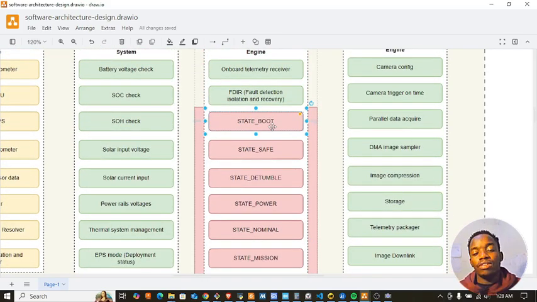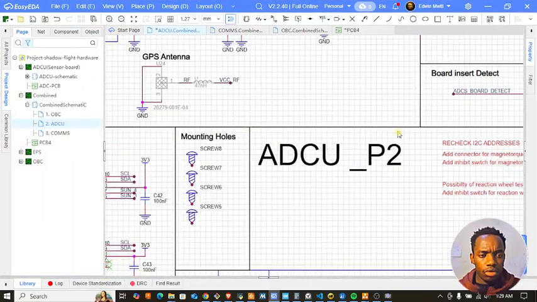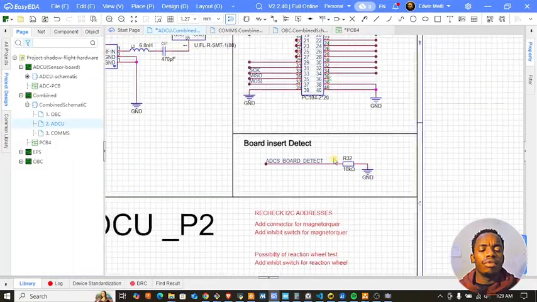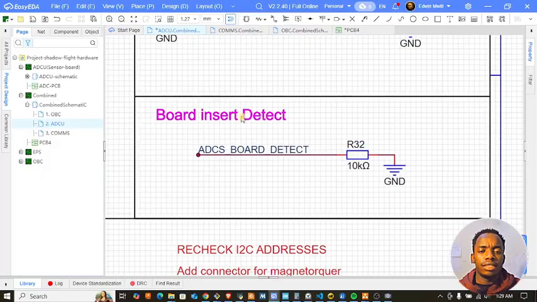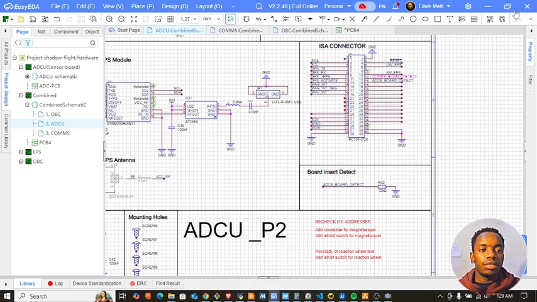Now, booting obviously is starting the system initialization, checking whether everything is where it's supposed to be, if all the boards are inserted. For example, realize that most of my boards, rather all of these boards, have the board insert detect functionality, so you can know which subsystem has not been inserted correctly into the CubeSat stack, right?